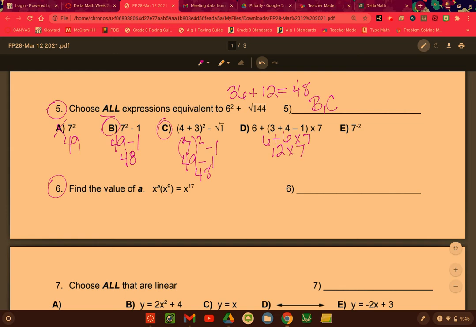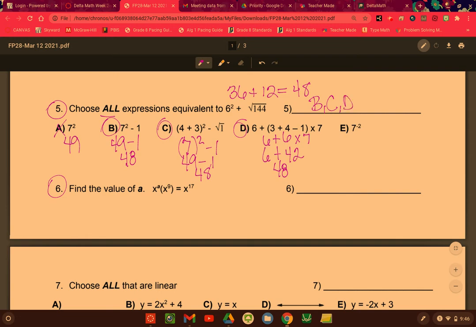What did I just do wrong? So multiplication always has to come before addition, right? So instead, 6 times 7 is 42. And 42 plus 6 is 48. See how easy it is to make a mistake? So we have D.